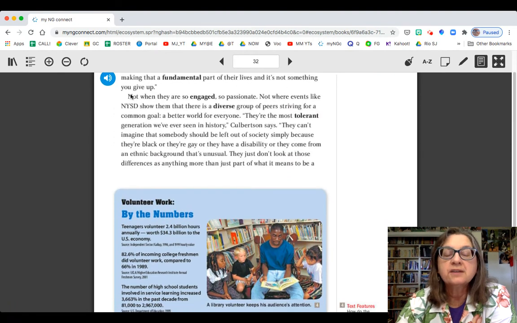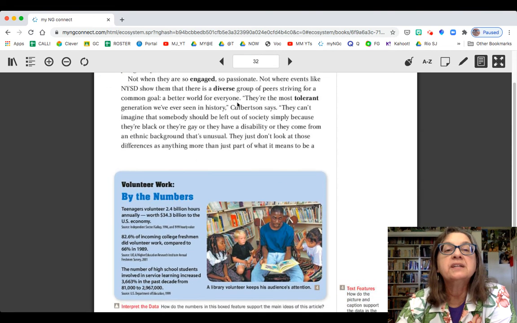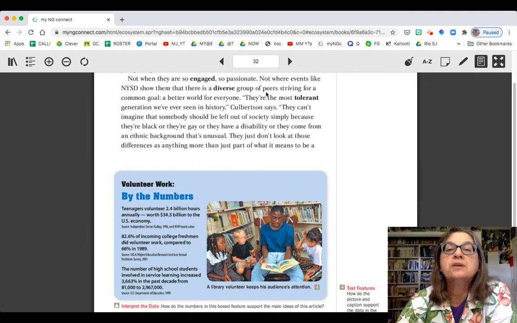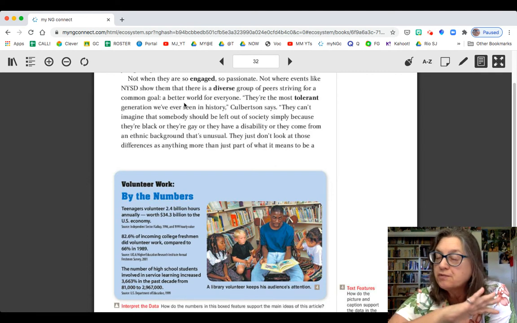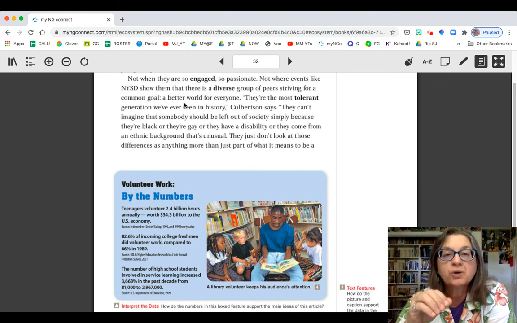So it's not something they're going to give up. Not when they are so engaged, so passionate. Not when events like NYSD, National Youth Service Day, show them that there is a diverse group of peers striving for a common goal, a better world for everyone. They're the most tolerant generation we've ever seen in history, Culbertson says.